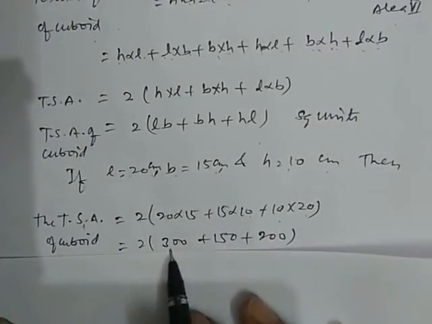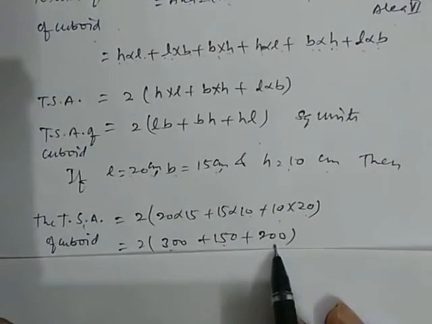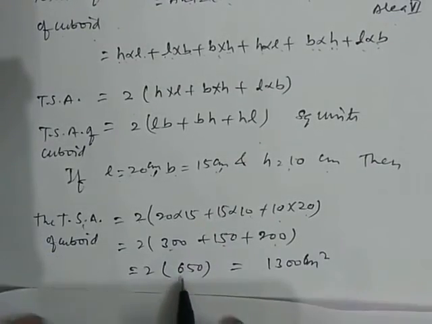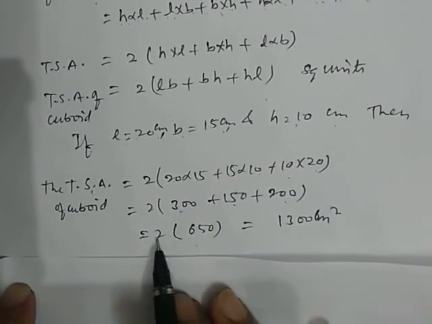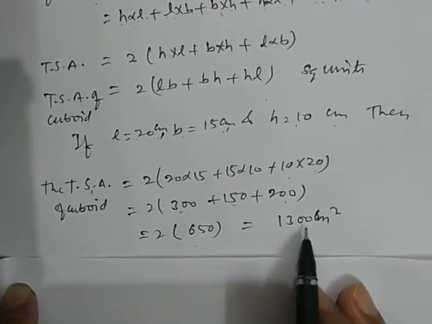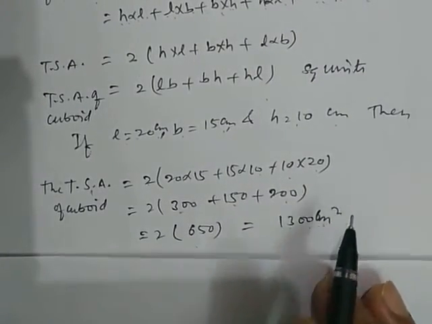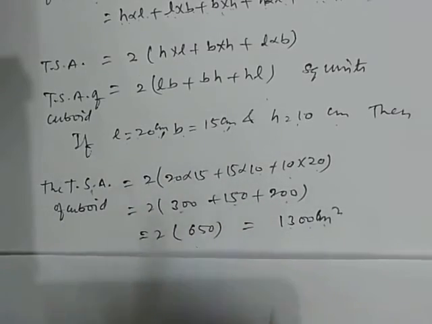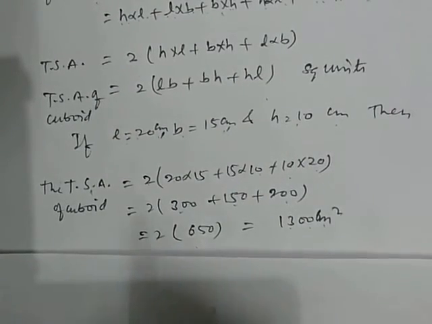So this becomes 300, this becomes 150, this becomes 200. By adding, this becomes 650, multiplied by 2, 1300 centimeter square. So this way we found the total surface area of a cuboid. So remember this, and with the help of this you can solve the question.